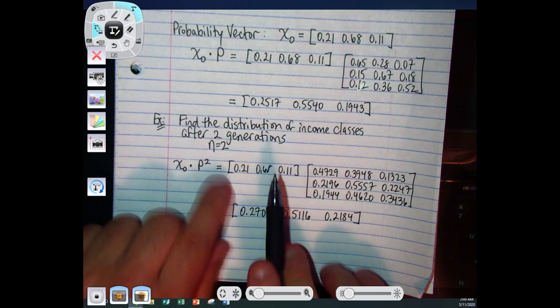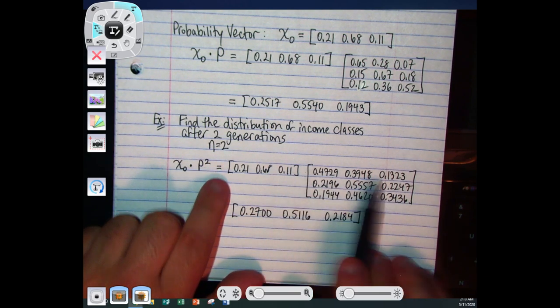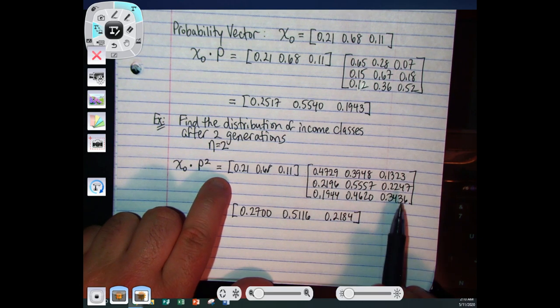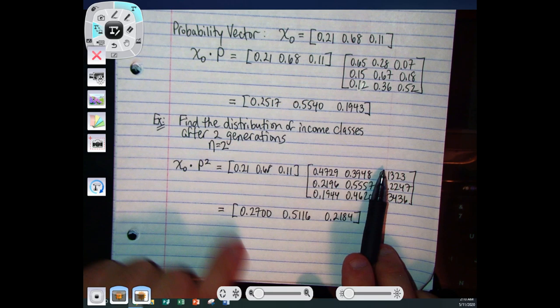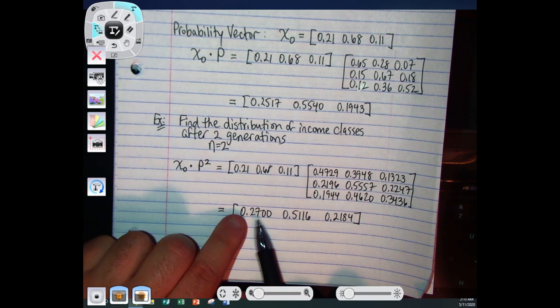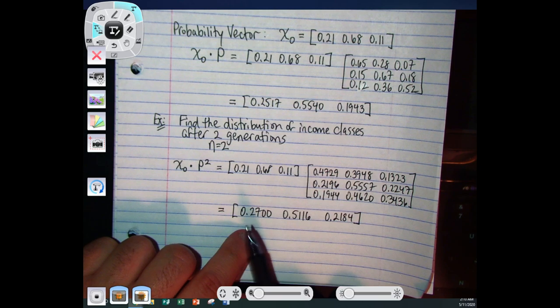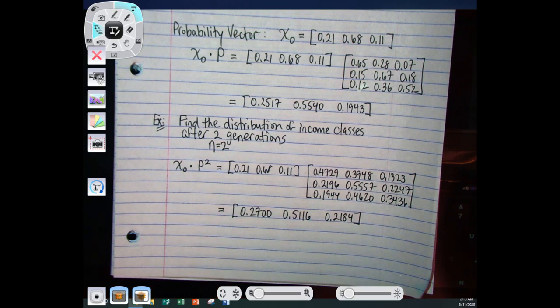So if we start with this distribution initially and use this transition matrix for 2 generations, the distribution of income classes after 2 generations would be 0.2700 for lower, 0.5116 for middle, and 0.2184 for the upper.